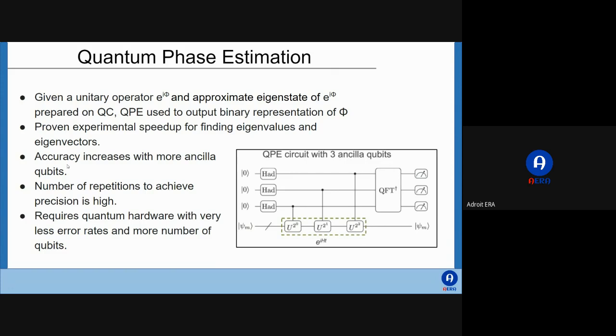Also, the present NISQ era, noisy intermediate scale quantum era, has a lot of errors in it. The error rate is very high, and you also need more qubits. So obviously the output is not precise. Obviously the output will not be accurate. So those are the limitations of the current VQE.